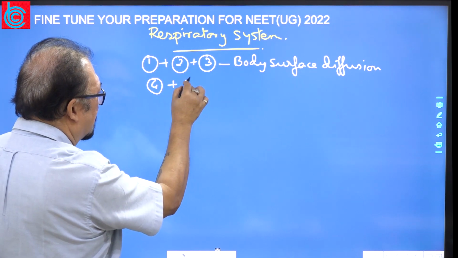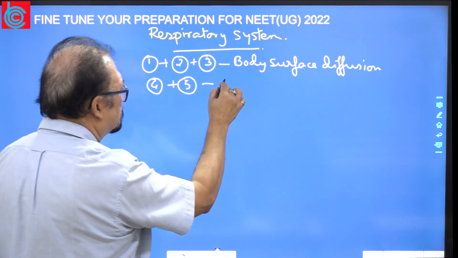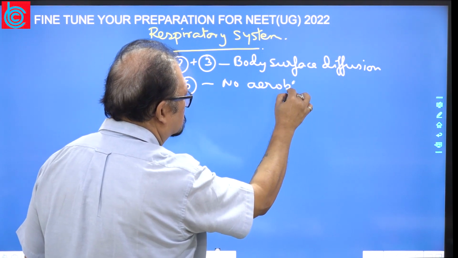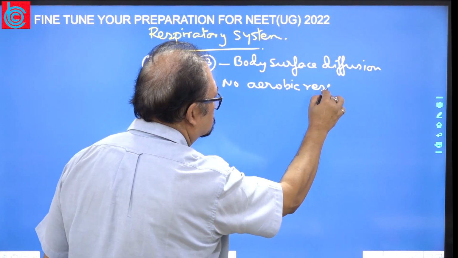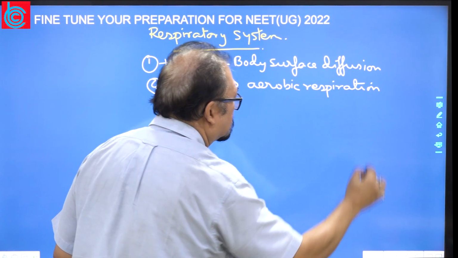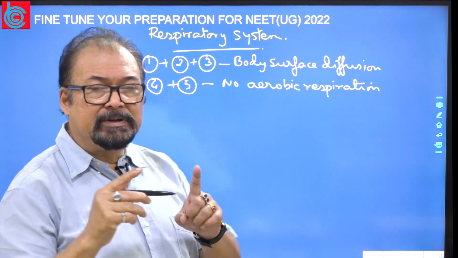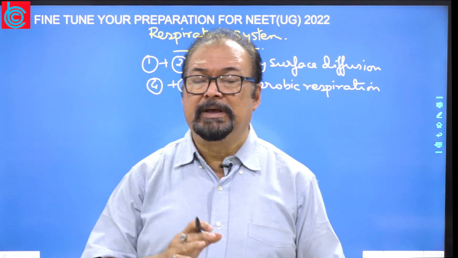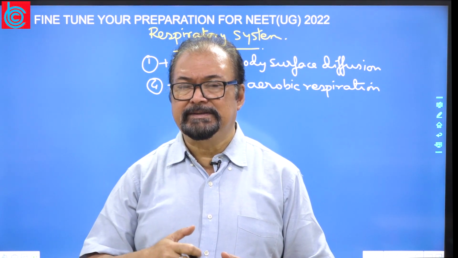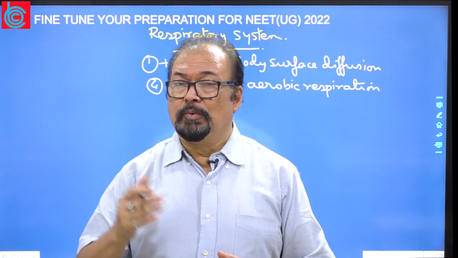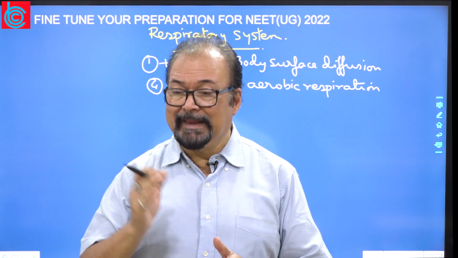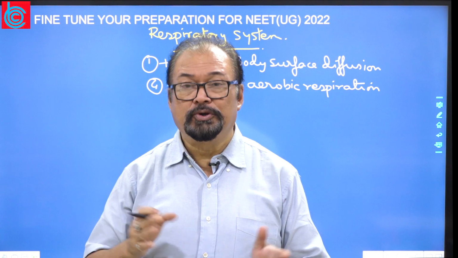Platyhelminthes, Aschelminthes: no aerobic respiration. Why? Because they are internal parasites, they are worms. Examples of Platyhelminthes are tapeworms and flukes. They live inside the host body.